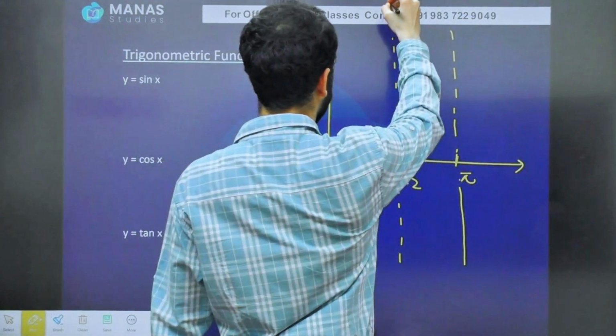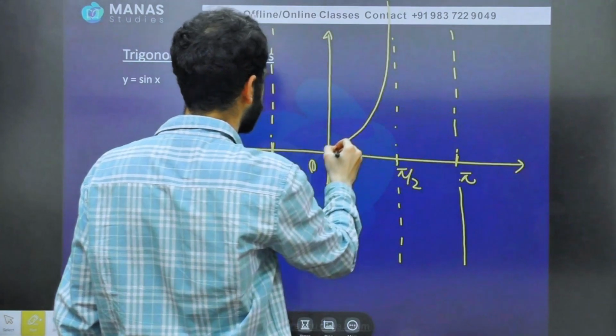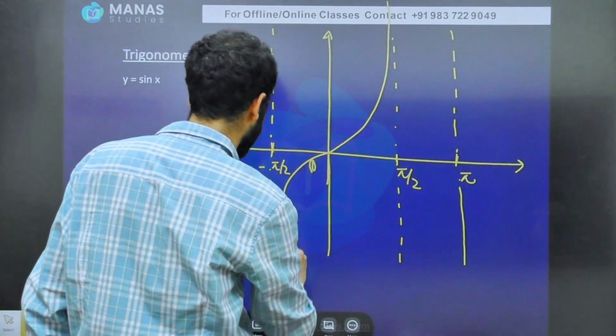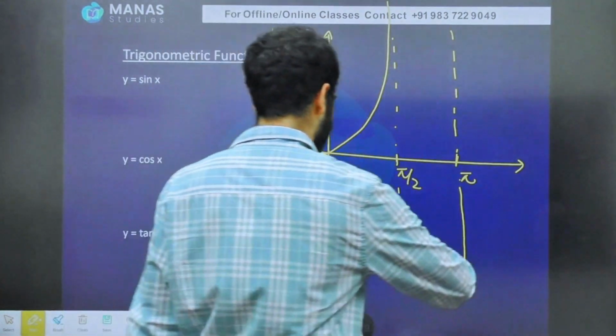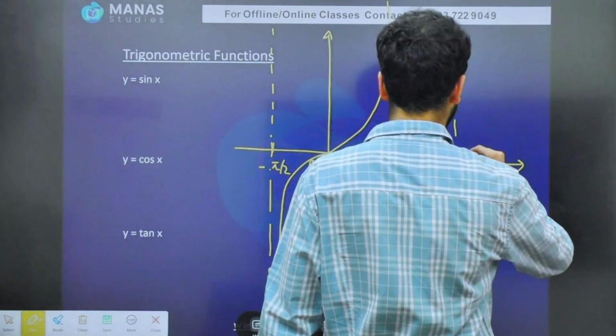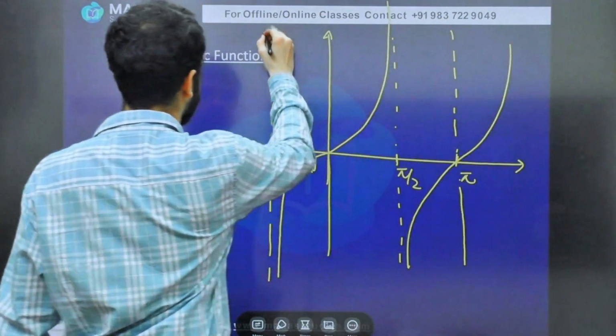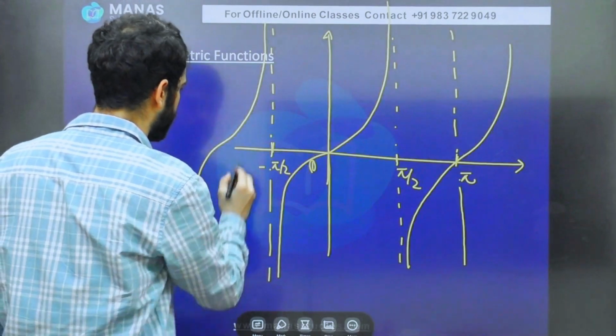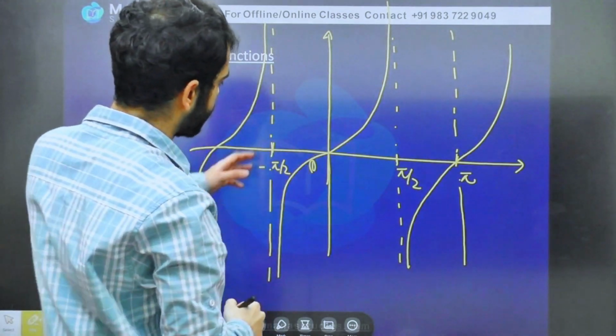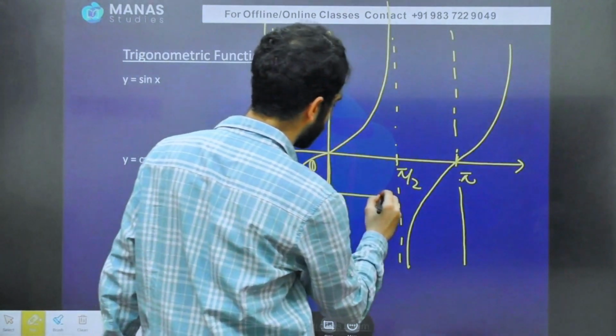At pi by 2 it approaches infinity, at 0 it is 0, at negative pi by 2 it will approach negative infinity, and similarly this graph will be repeated on the other ends as well.